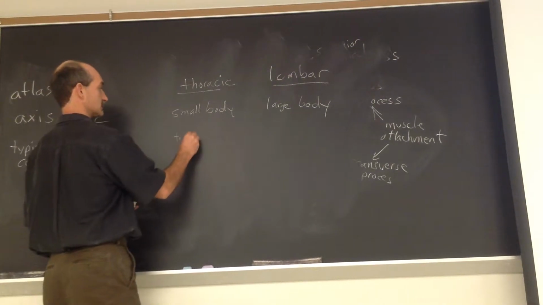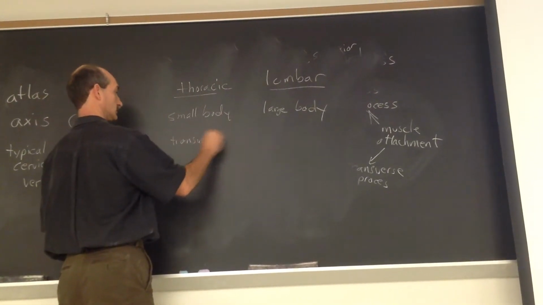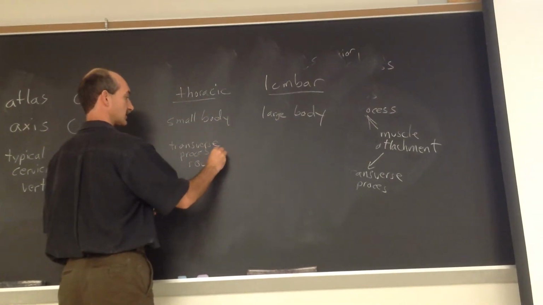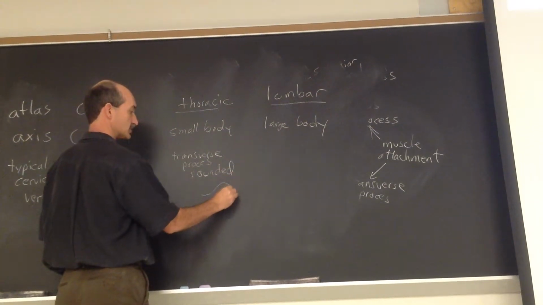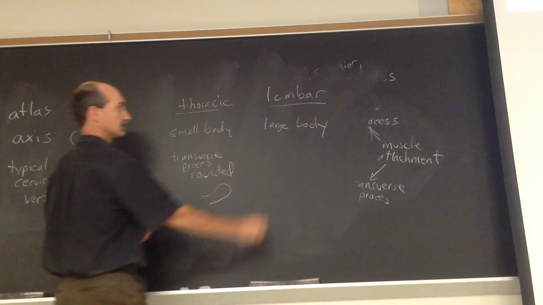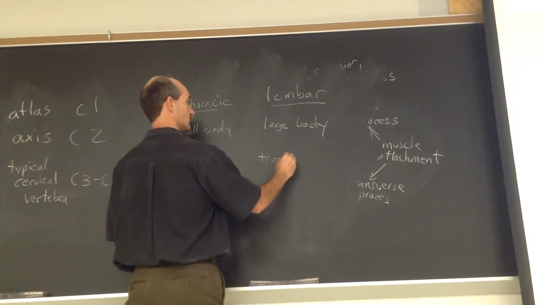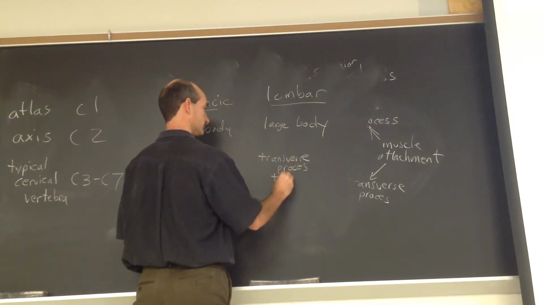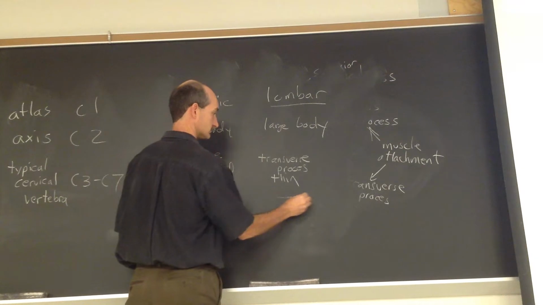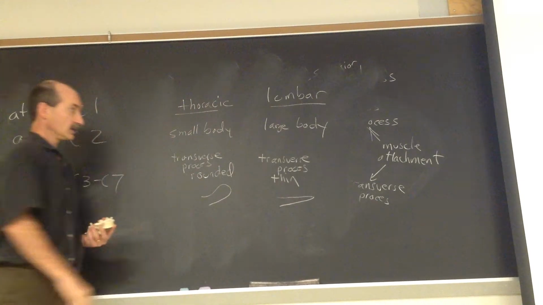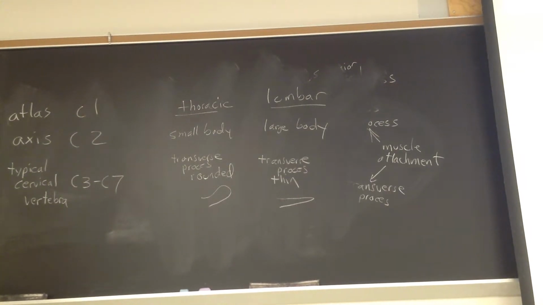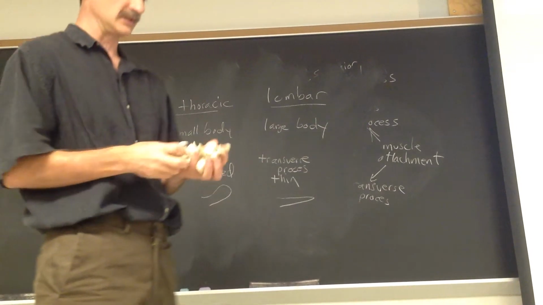Transverse processes. In thoracic vertebrae, they are very rounded and they kind of project upward, almost nodule-like. In lumbar vertebrae, they project straight out to the side and they're thin, blade-like, or pointed.